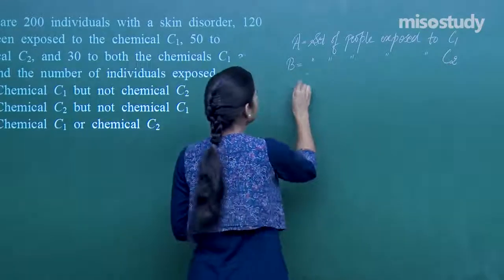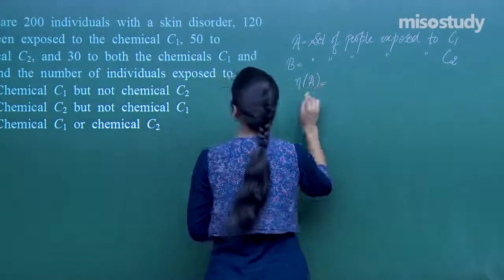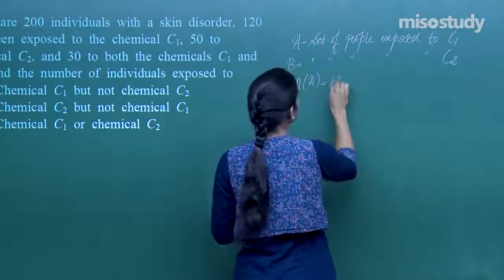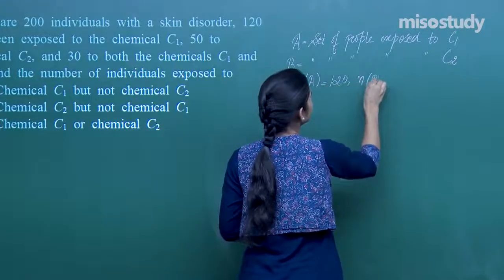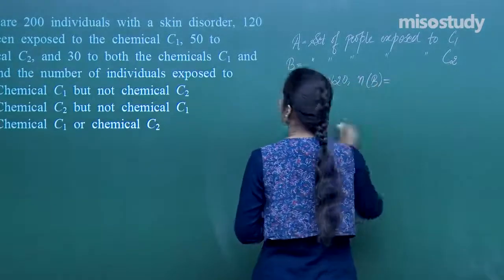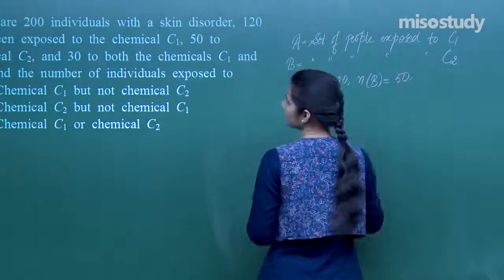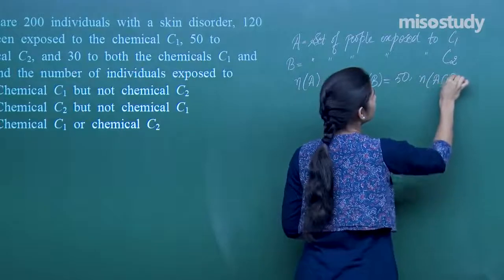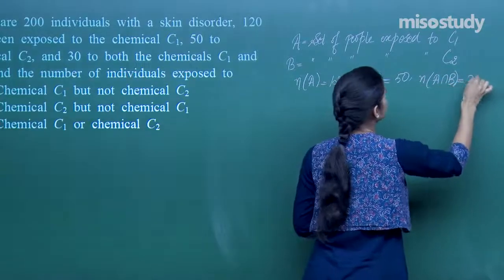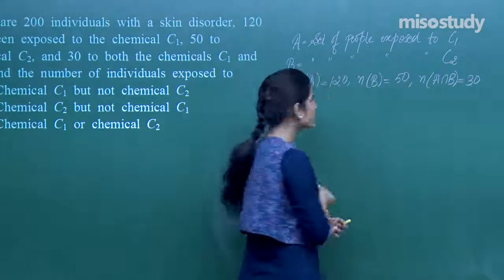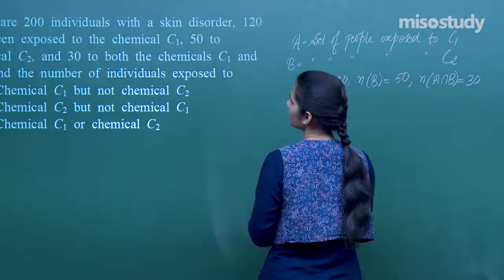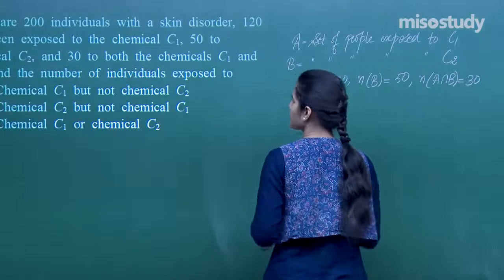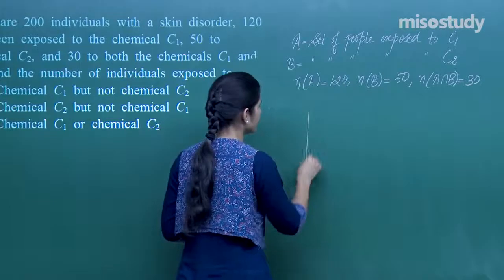The number of members in set A which are exposed to chemical C1 is 120 and number of members in set B is 50. It says that 30 are exposed to both C1 and C2. That means number of members in A intersection B is 30. Right? Find the number of individuals exposed to chemical C1 but not chemical C2.